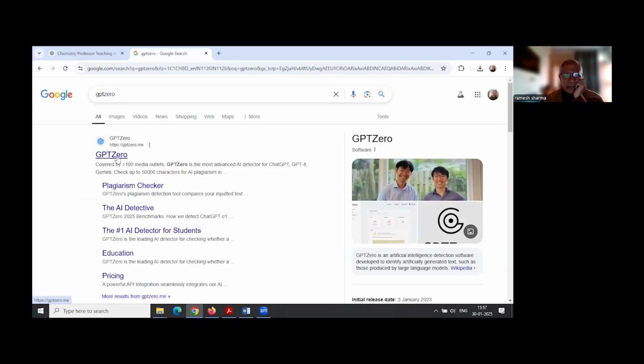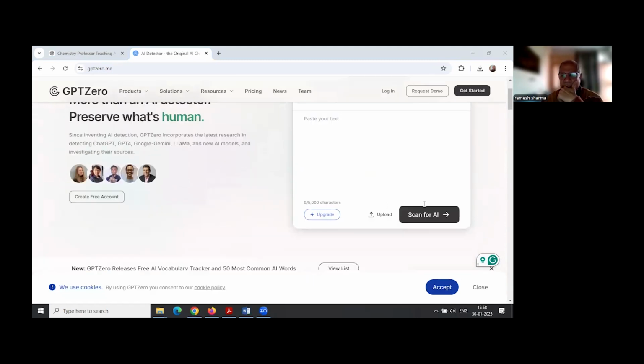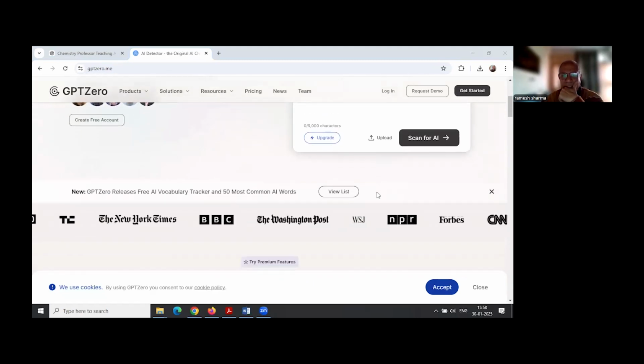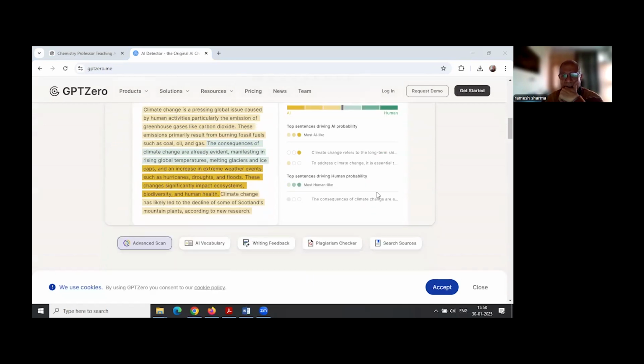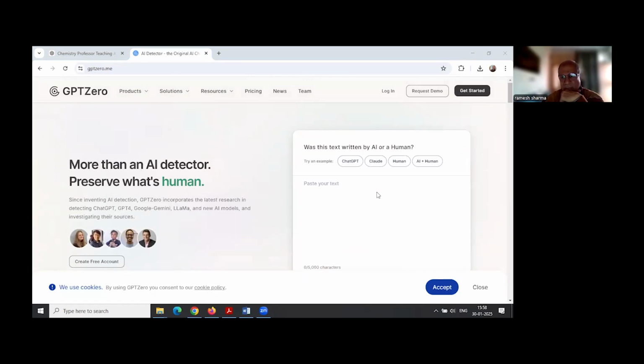It is an AI detector. You can paste your text or upload your document, and then it can tell. Already it is being used by so many people. So this can show you whether this text was written by AI or a human. Okay. And then detect other types of creation, I'll discuss with those.